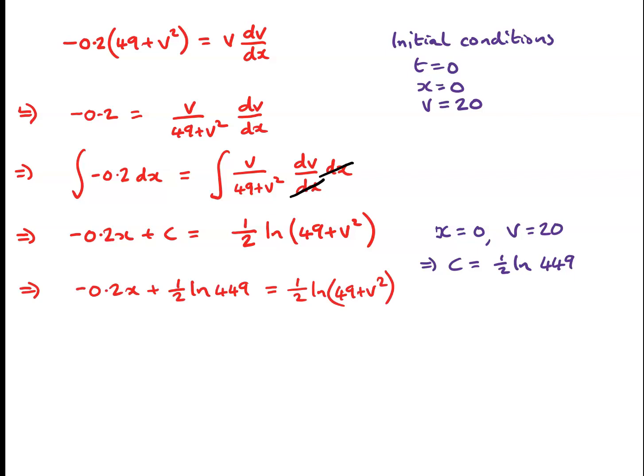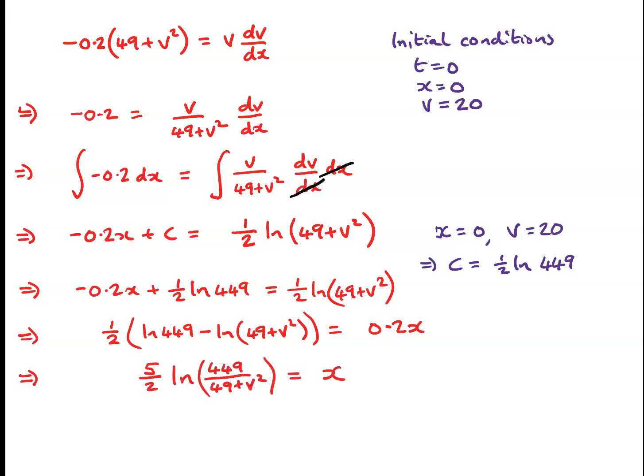So we've got minus 0.2x plus 1/2 the logarithm of 449 equals 1/2 the logarithm of 49 plus v squared. Rearranging that gives me 1/2 of the logarithm of 449 minus the logarithm of 49 plus v squared must equal 0.2x.